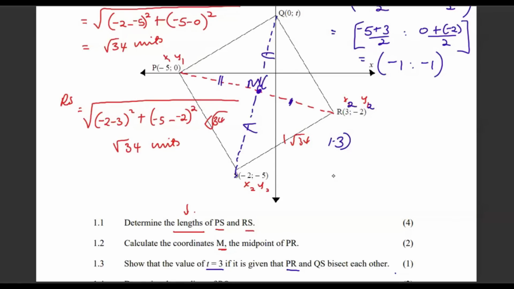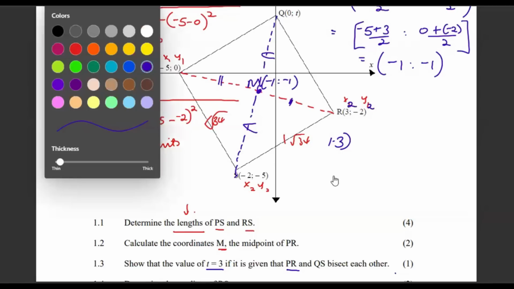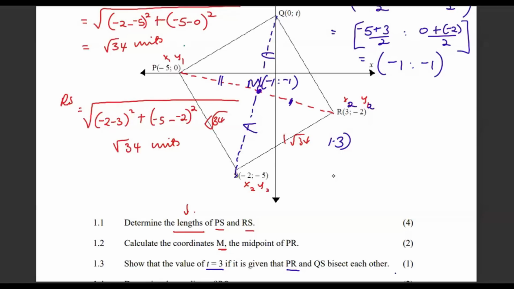So if this is negative 1 and negative 1, I'm still going to use the midpoint formula. I already wrote it out. Show that T is 3.